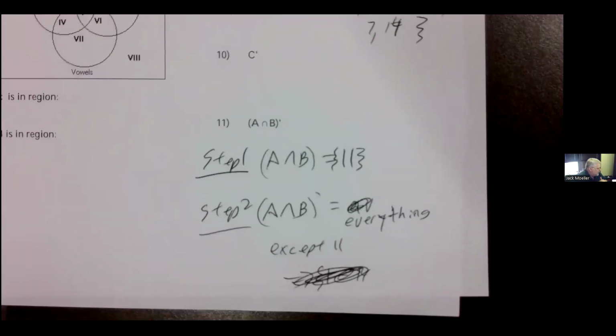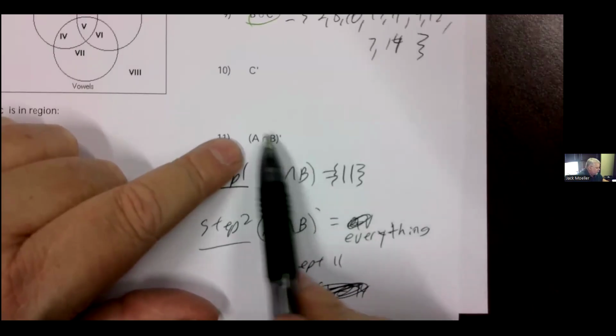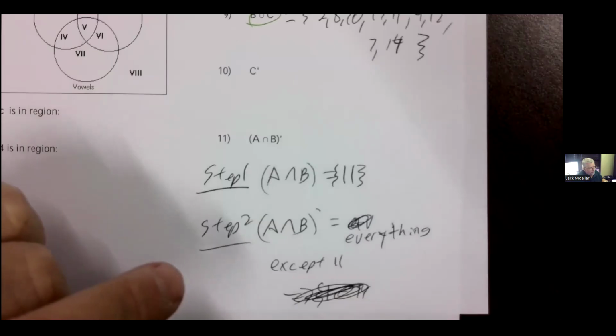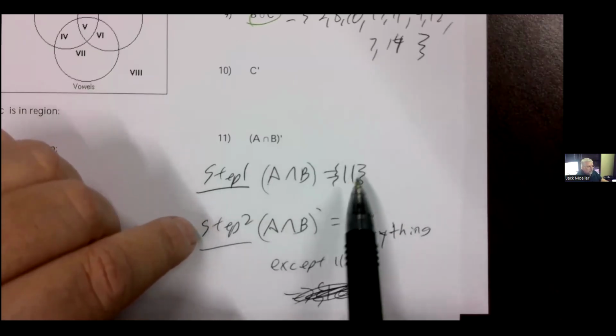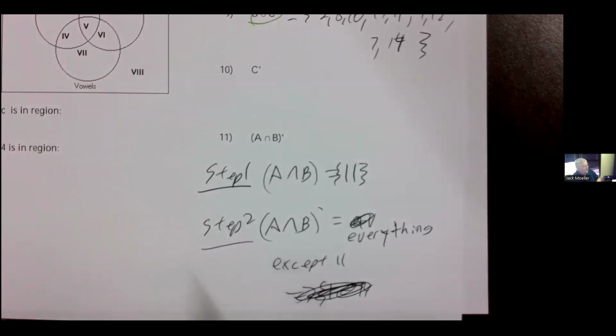But that's how you do a two-step operation on a 3-set Venn diagram. Figure out what's first, get that set, and then do the second operation. Again, this is showing your work. On a test, get that first step. If you get that first step wrong and don't show your work, I often have very little idea if you did the second step right or not.